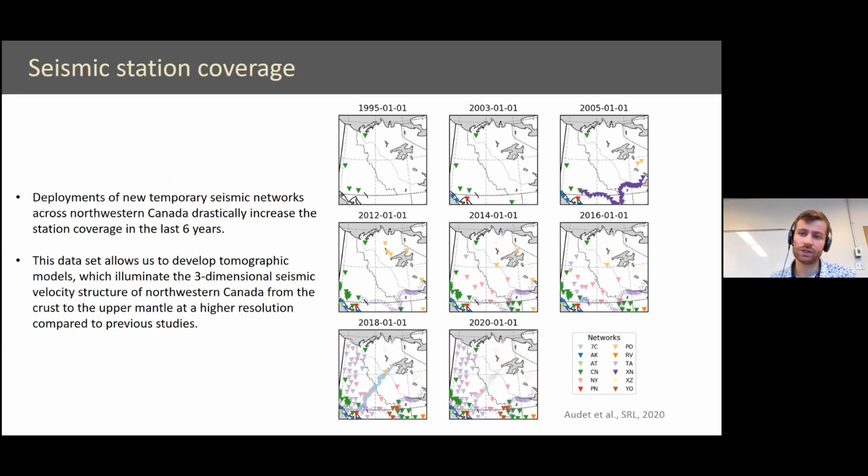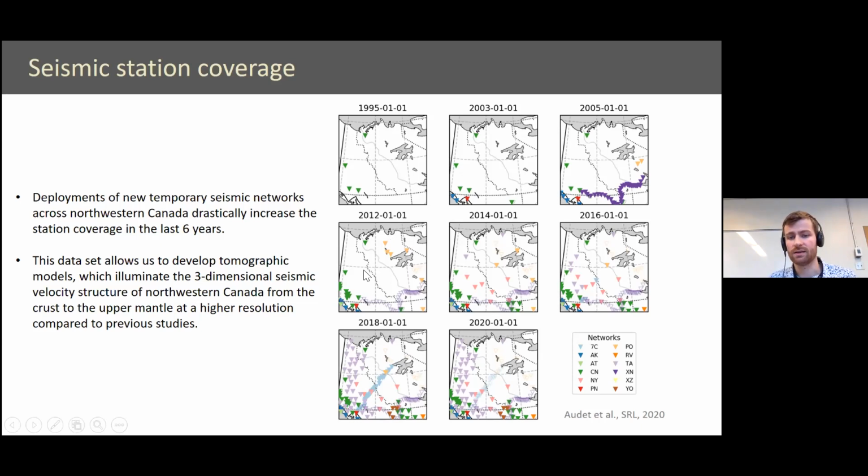This PhD was motivated by the recent deployment of temporary seismic networks across northwestern Canada. As you can see here, you have different snapshots of the station coverage across northwestern Canada. Each triangle represents a seismic station, and they're color-coded by network.